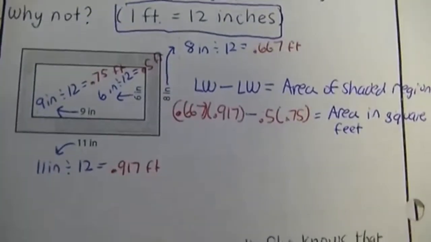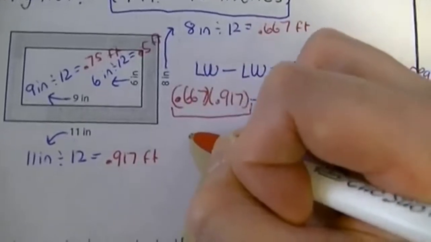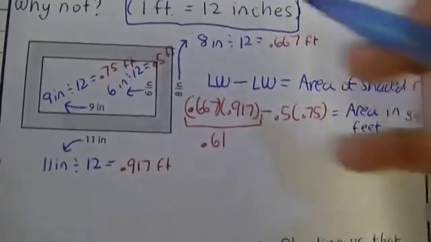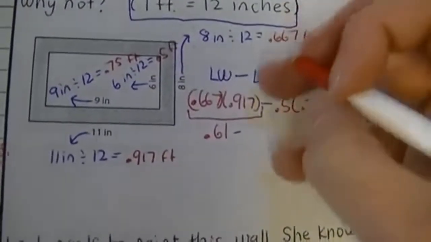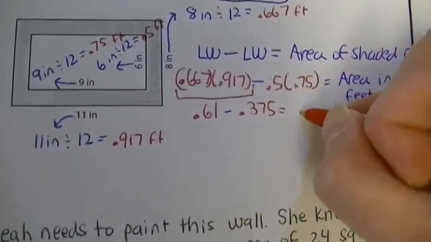Okay, now all you gotta do is make sure you type it in your calculator correctly, unless you're able to do that in your head. And the area in square feet is this.